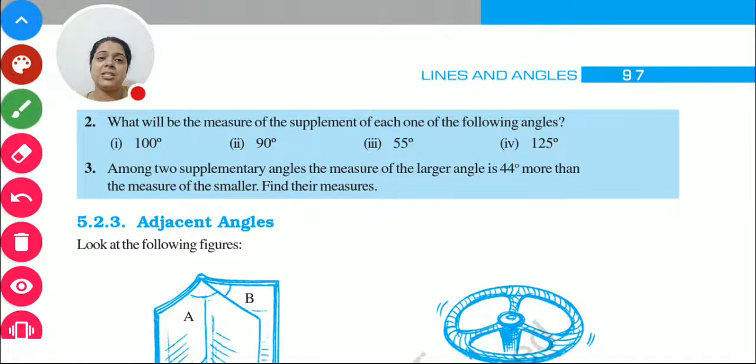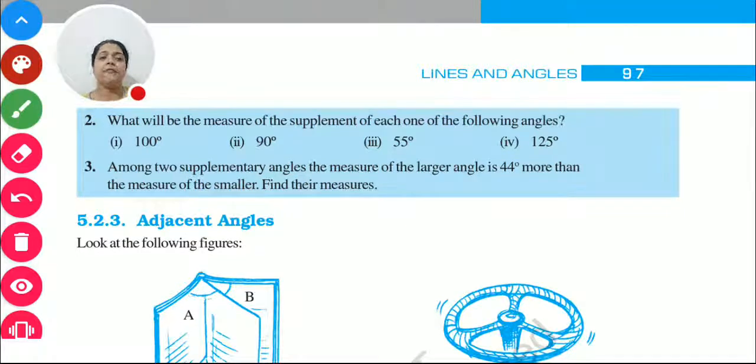So coming to the next one, what will be the measure of the supplement of each of the following angles? Supplement of each of the following angles means you have to find the pair angle which, when added, makes 180. So how can we find out?